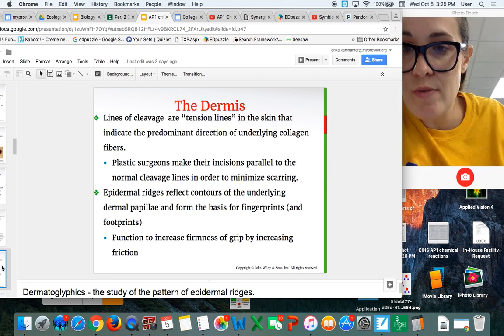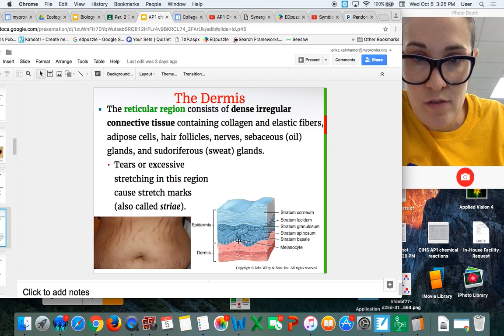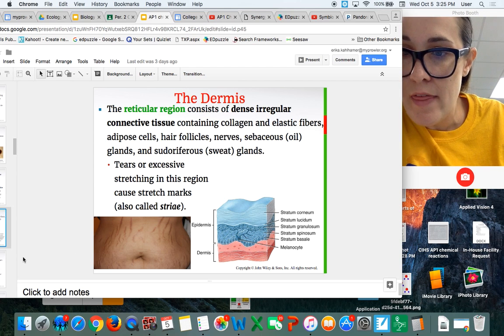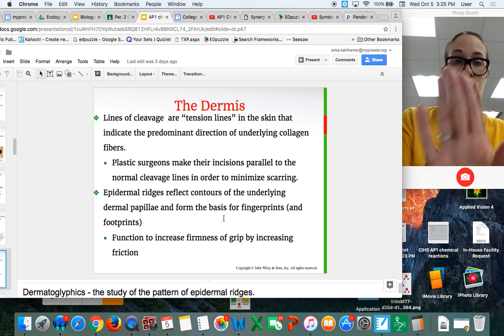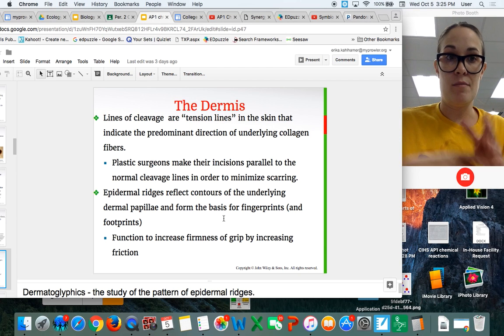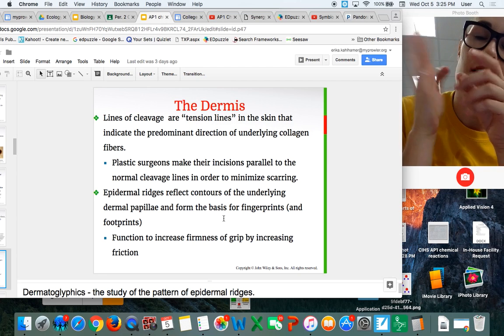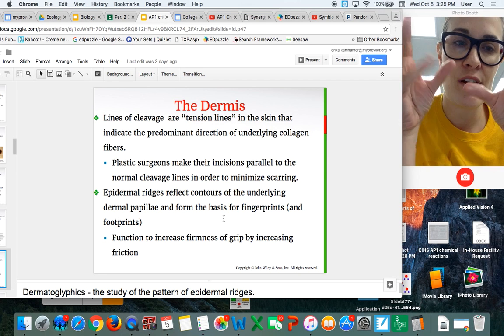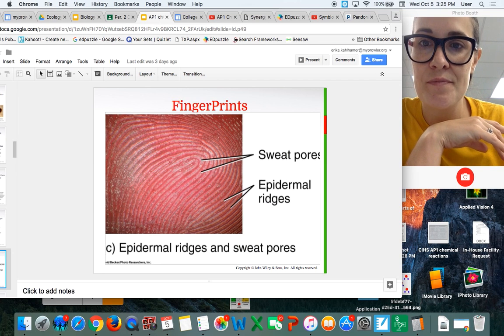And those little ridges right here in the skin, I'll go back to this picture. These curves right here are the basis for how your fingerprints and footprints appear. The reason we have these ridges on our skin is to increase the firmness of the grip by increasing the friction produced there.